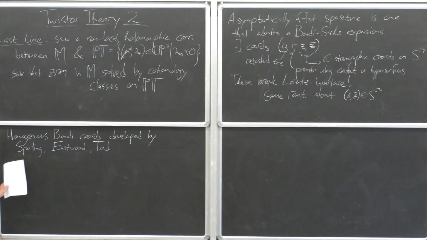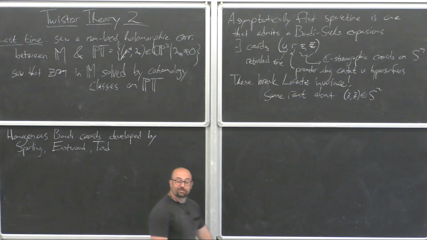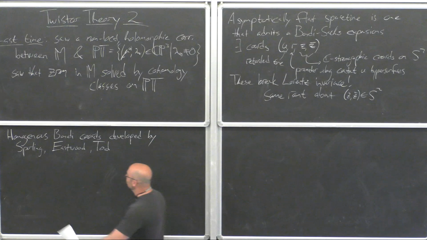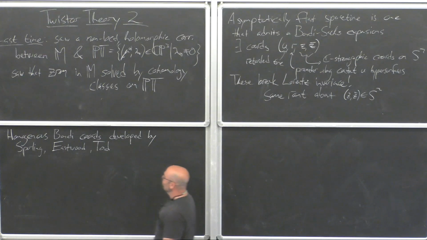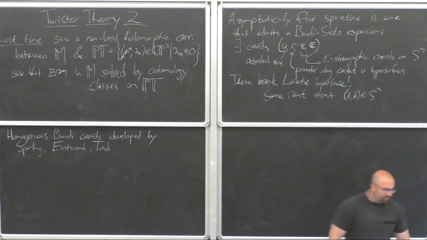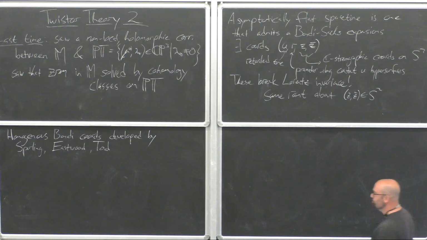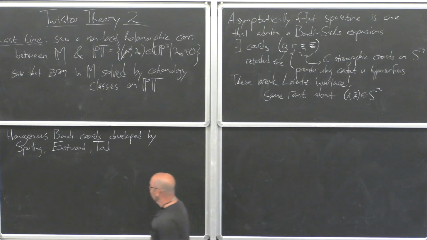If you are a Twistor theory practitioner, you've probably heard of George Sparling, one of the early superheroes of the subject, but one of these people who just never wrote papers. Most of his results are in papers written by other people who were unable to convince him to write them up. And this is one of the examples.